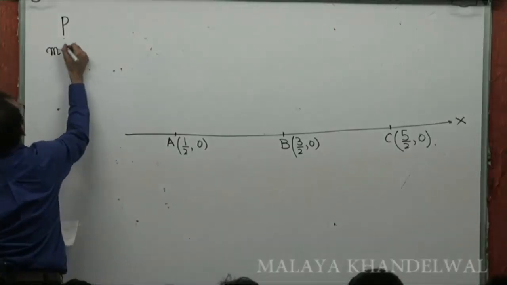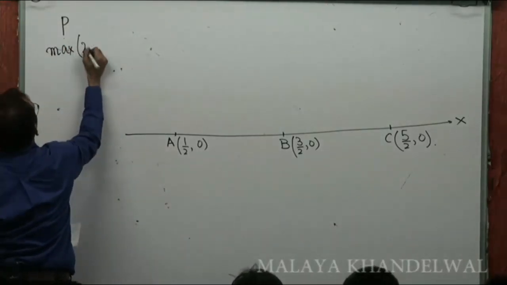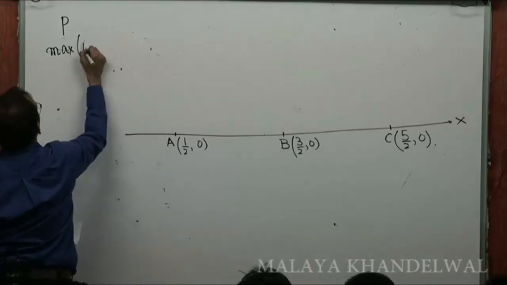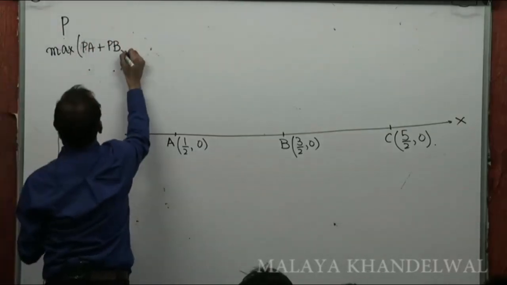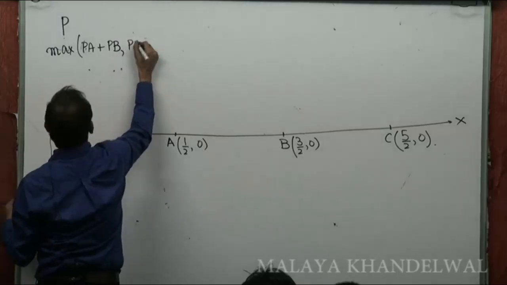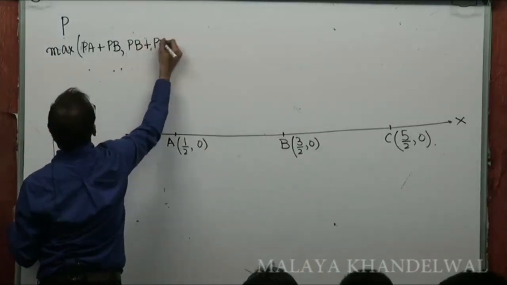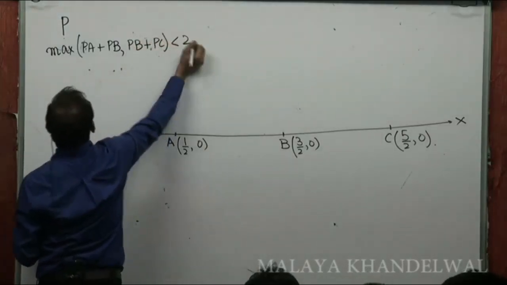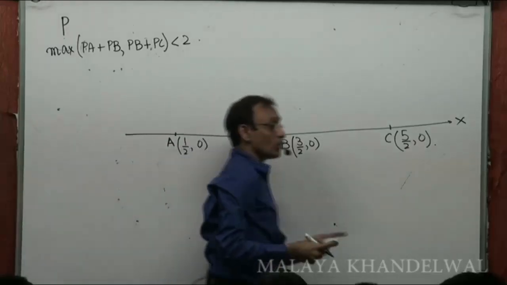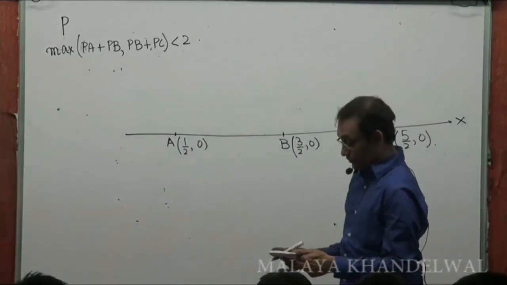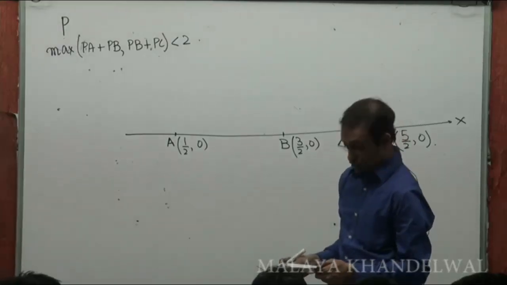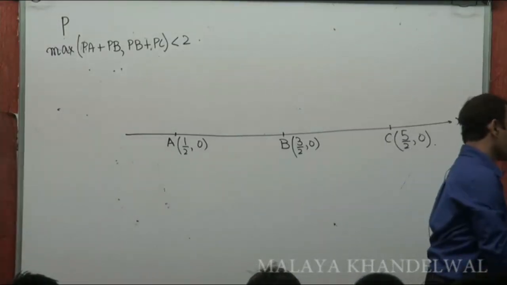Satisfying maximum of PA plus PB and PB plus PC less than 2. Satisfying this condition, the larger of PA plus PB or PB plus PC does not exceed 2 units.